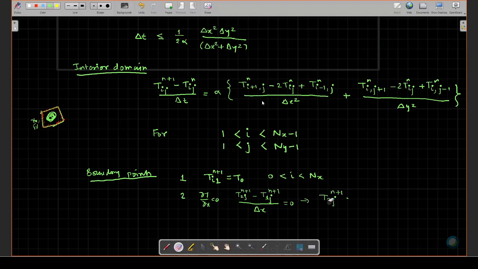It is better to write the first as the second point: T1j equals T2j at n plus 1.